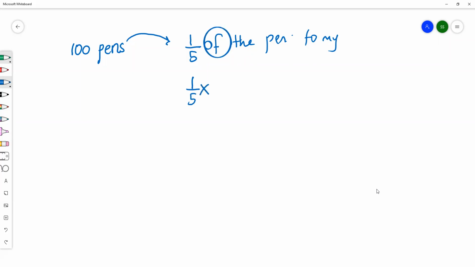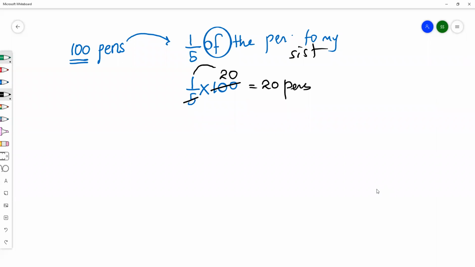What is the total number of pens? I had 100 pens. So fraction simplification we studied, 100 by 5 is 20 times 1, 20 pens I gave to my sister.